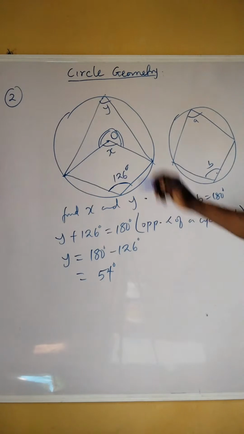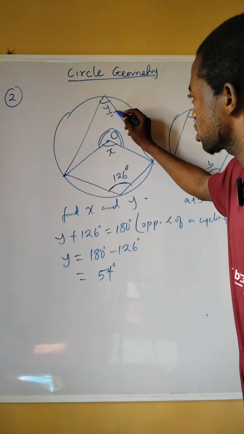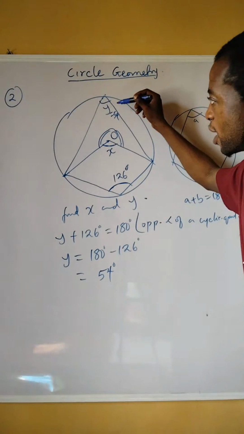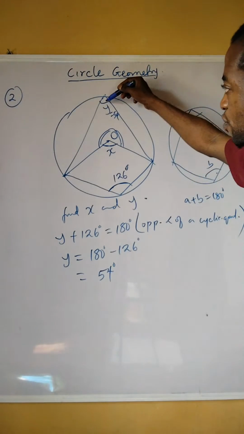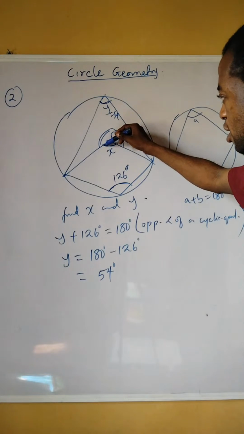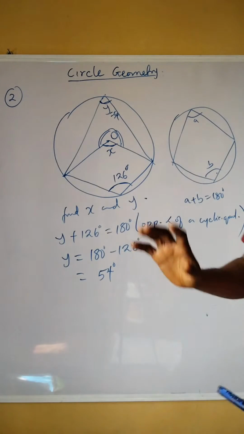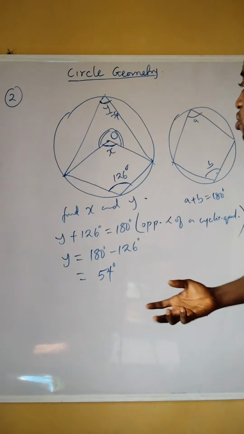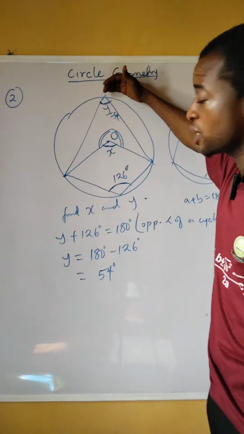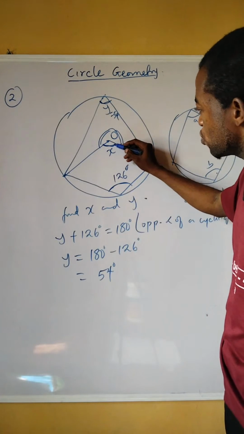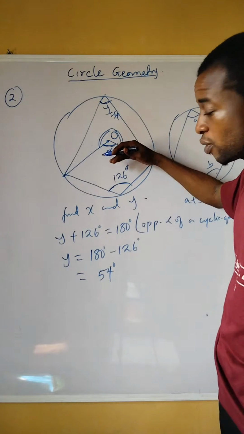Okay, so once we get y to be 54 degrees, easily we can get x, because y here is the angle at the circumference, and x here is its corresponding angle at the center. Now these are what should be very clear to us. When the angle at the circumference is up here, the corresponding angle at the center will be the obtuse angle, the smaller one.